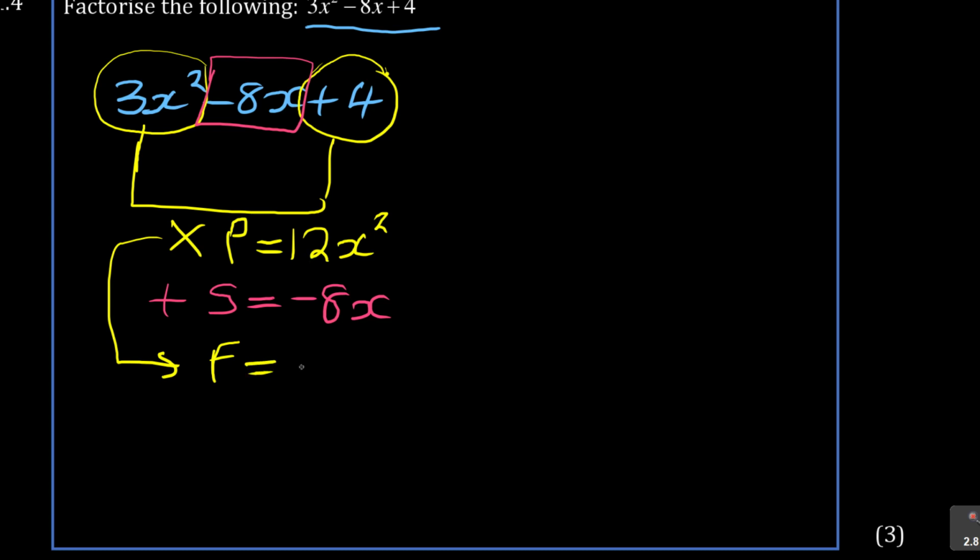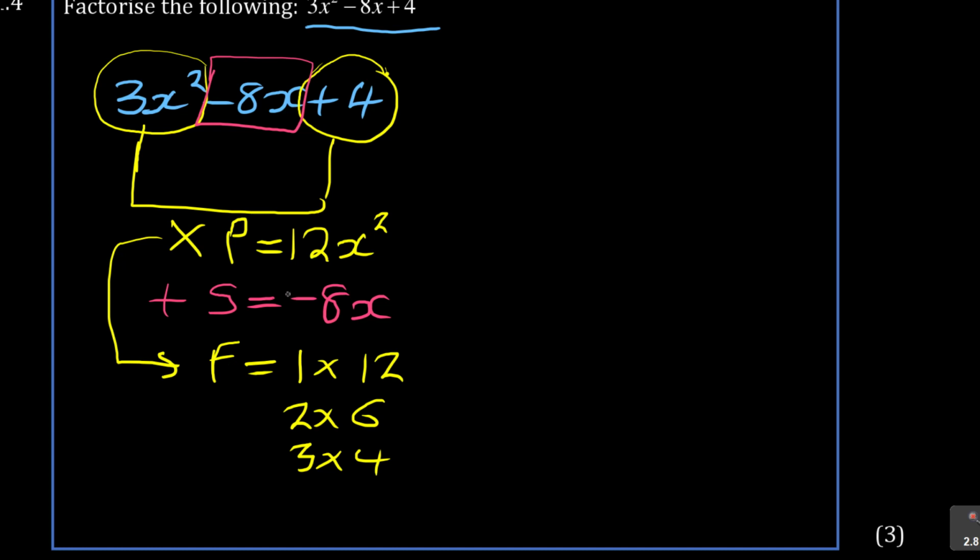So to get 12, it's 1 times 12, 2 times 6, 3 times 4. That's the end, because after that is 4 times 3. When I start repeating these factors, it means I've reached the end of the numbers I can multiply to get 12.